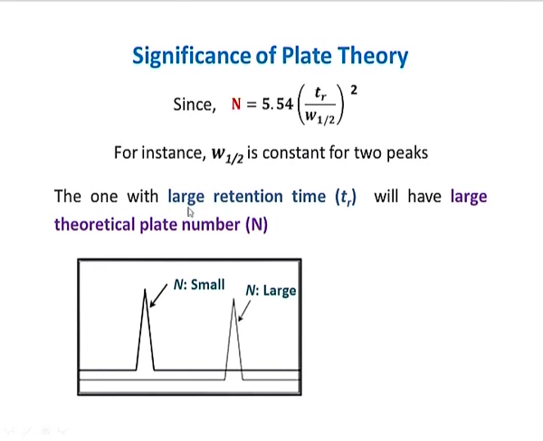The one peak with large retention time Tr will have a large theoretical plate number. So, in a chromatogram, if you see a peak which has higher retention time, you could say that for this peak the theoretical plate number is more. And if this is the case, then you could easily say that column efficiency vis-a-vis that particular peak is high.